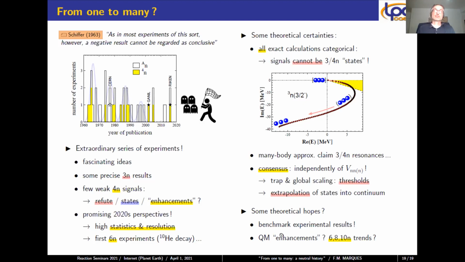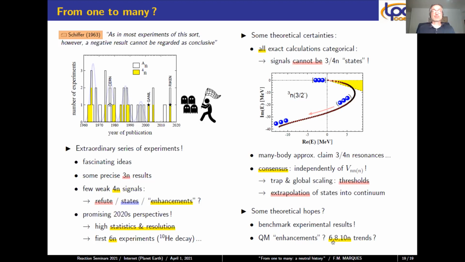And of course, there are two things that I find interesting. First, the works that predict some enhancements, even if there are no resonance, should try to characterize these signals so that they can be distinguished in experiments.